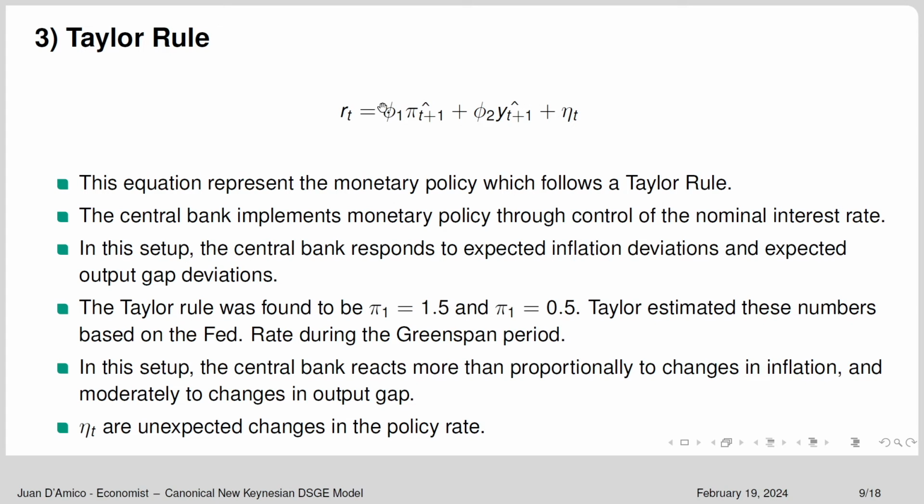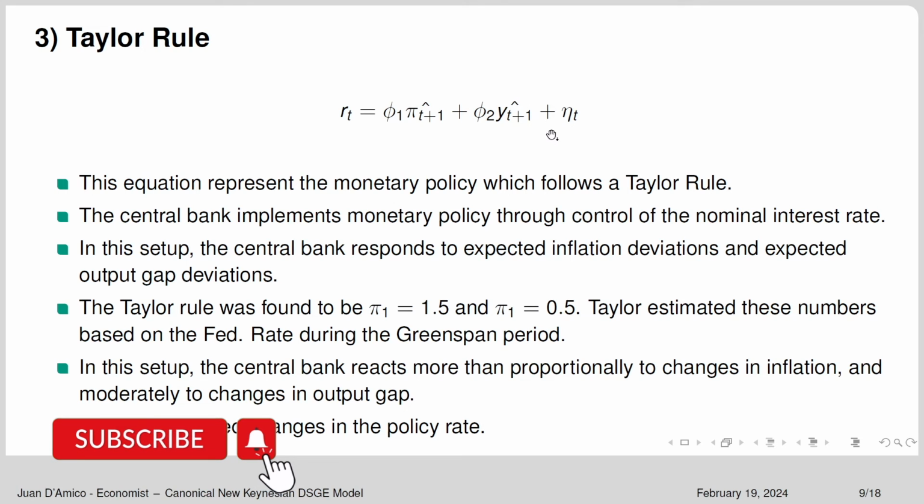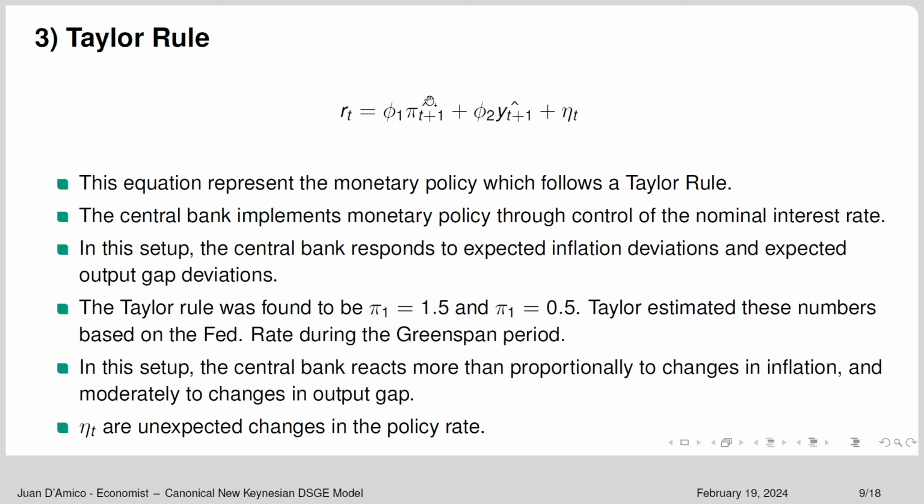So this phi 1 is how much weight the central bank is giving to prices, and phi 2 represents how much importance the central bank provides to changes in the output gap. Let's put this in simple words. Anytime that the inflation increases or decreases, the central bank can react to those changes in prices, and anytime that the output gap changes, the central bank can also react.